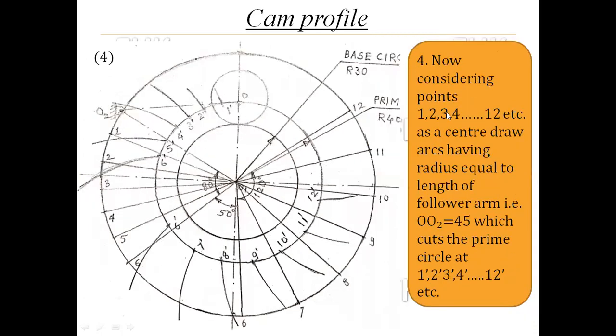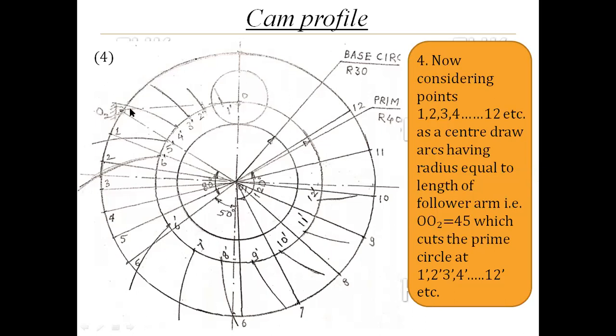Now considering points 1, 2, 3, 4 as the centers, and the length of the follower arm as a radius. O2O you have to take in the compass, which is 45 mm, which is the length of the follower arm.